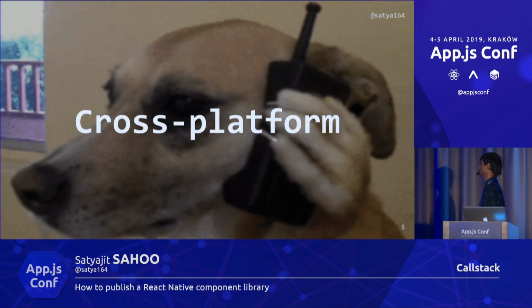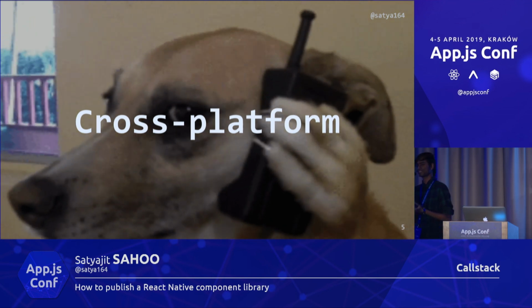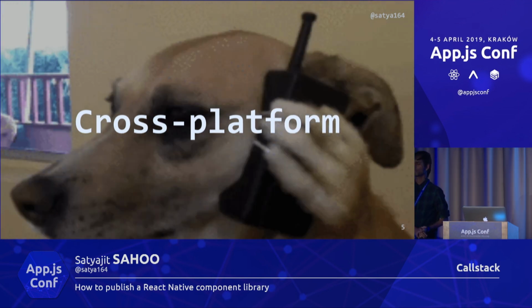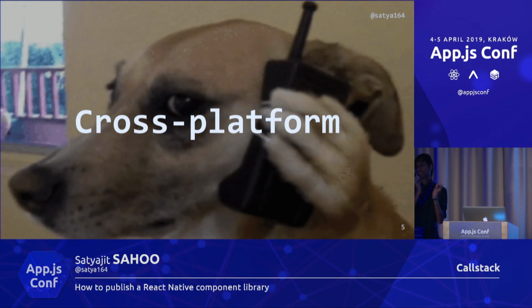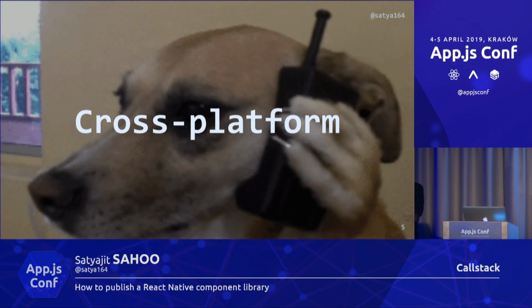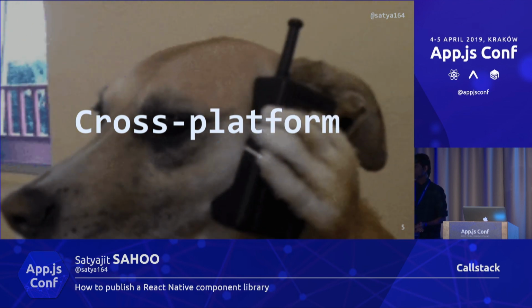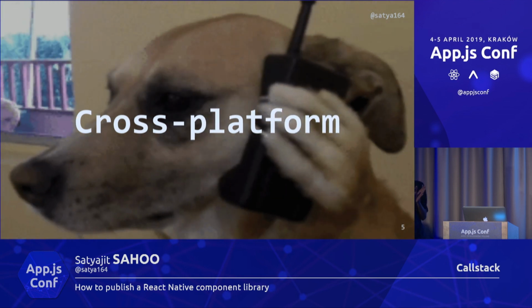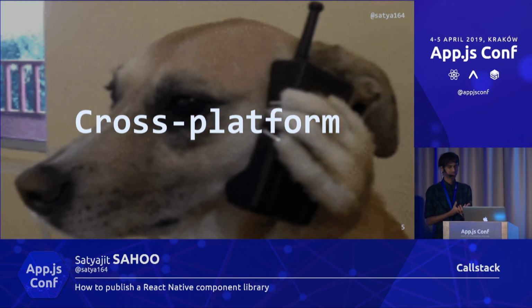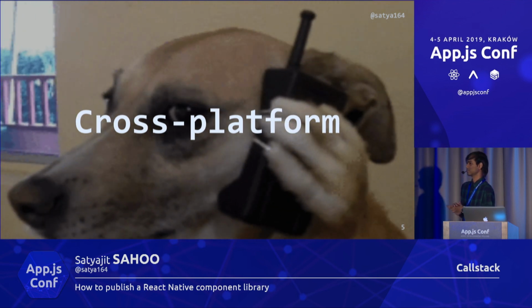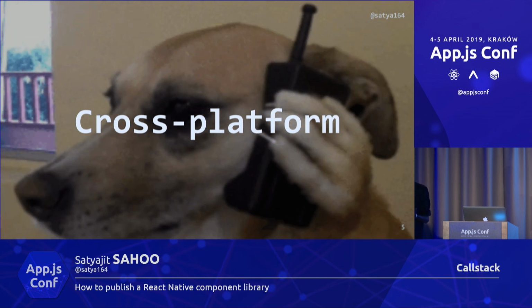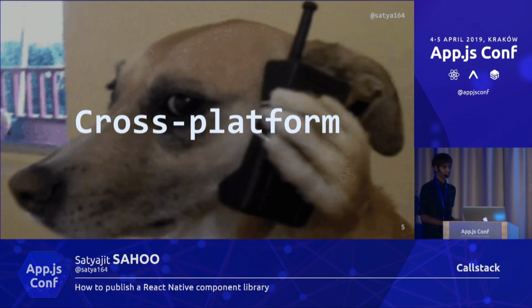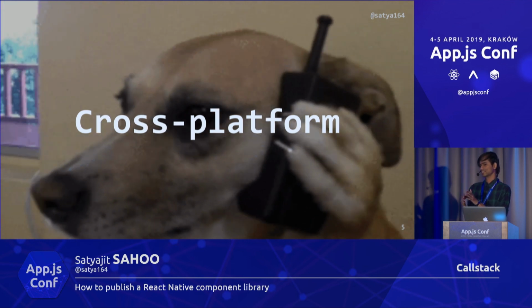So cross-platform. A promise of React Native is cross-platform development. A lot of people come to React Native because they can use the same code on iOS and Android, and now web. So because cross-platform is very important for React Native, we need to handle a lot of things when we are building a component library to handle cross-platform things. Because there are differences.